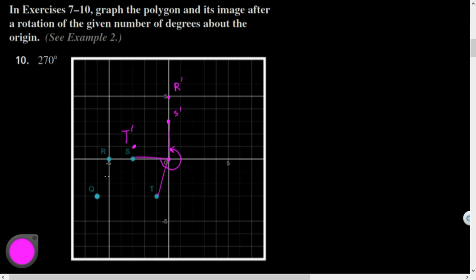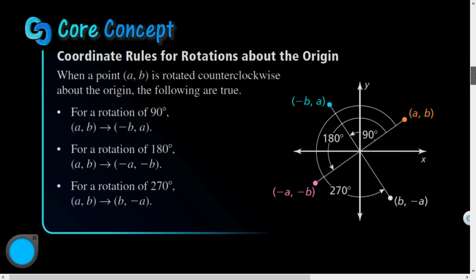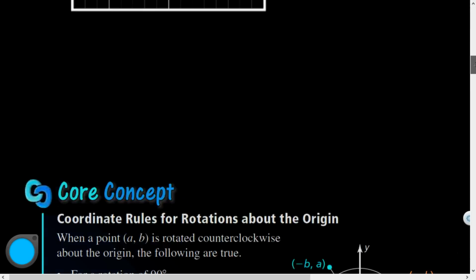But let's do Q using another strategy. So this appears to be -6, -3. And we also learned these rules for rotation about the origin, where you could have some tricks based on your coordinates. For 270, and I don't need you to have these memorized, but they exist, I'm going to swap the x and the y coordinates, and then take the opposite of the new y coordinate.